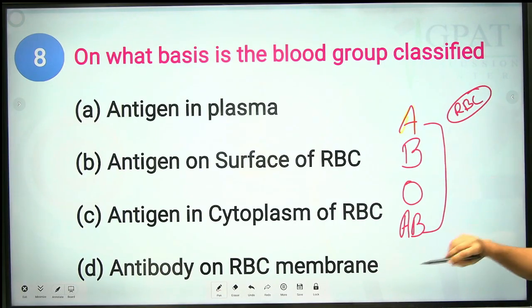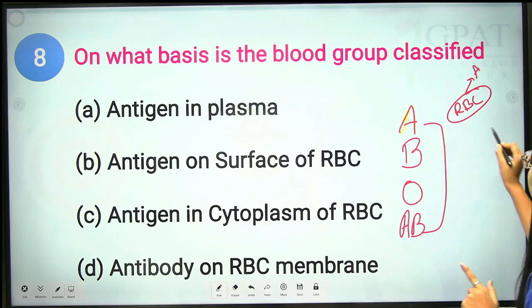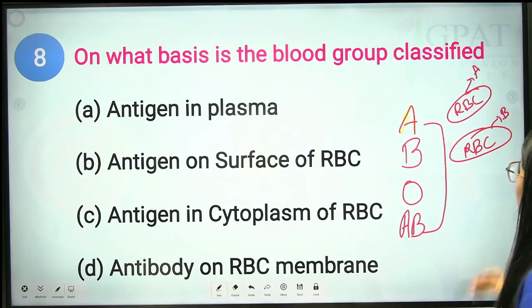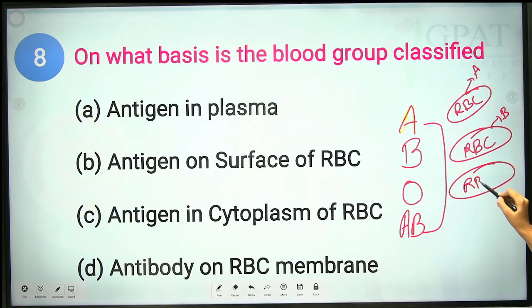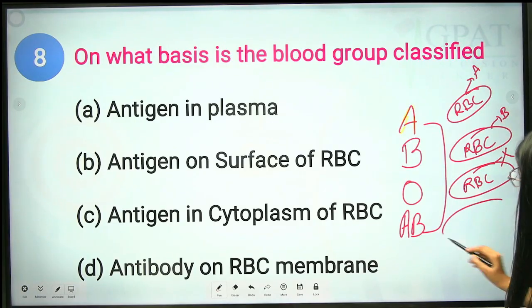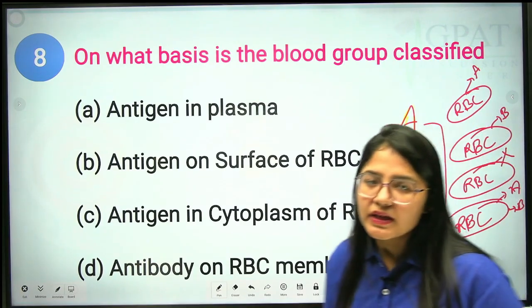If this red blood cell contains A antigen on its surface, then your blood group is known as A. If the RBC surface contains B antigen, then the blood group is B. If this RBC contains no antigen on its surface, zero antigen, then the blood group is O. And if this RBC has both A as well as B antigen, then the blood group is AB.